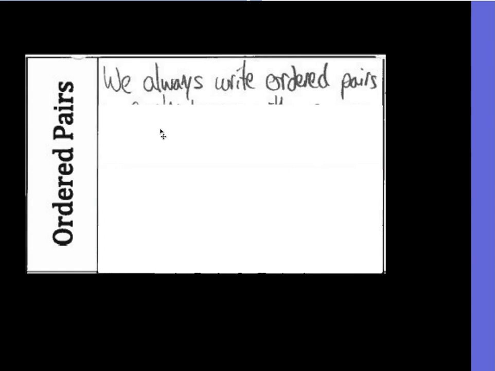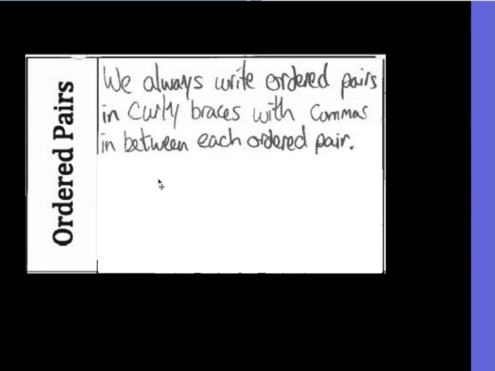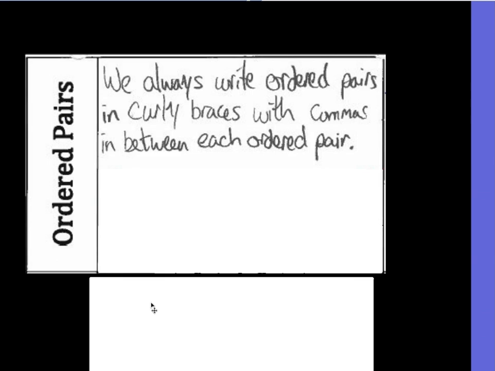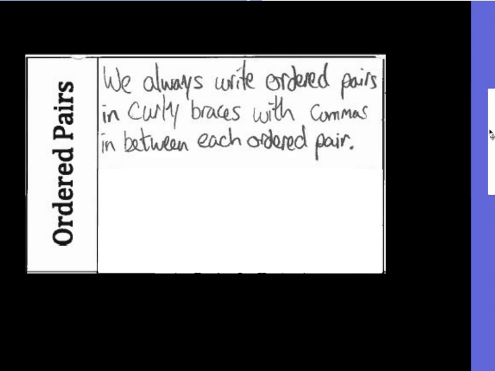With ordered pairs, we always write them in curly brackets with commas in between each ordered pair. The reason we do that is to show that it's a set of ordered pairs.